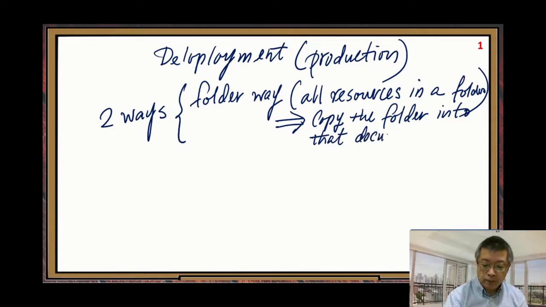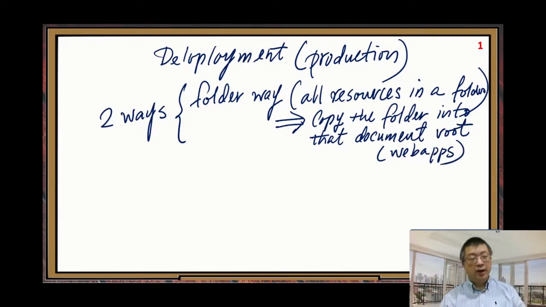Document root. For Tomcat, we know the name of the document root, right? webapps, lowercase. Copy into that folder. That's all you need to do. Then you start the Tomcat server.